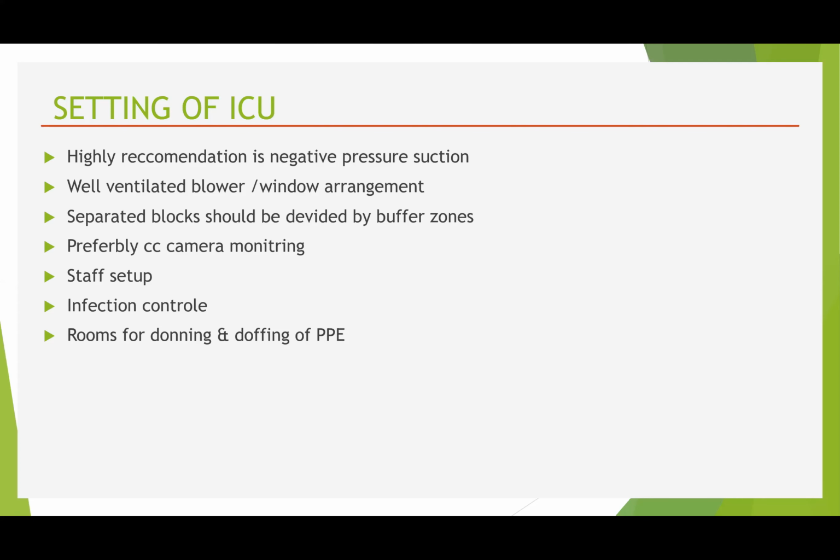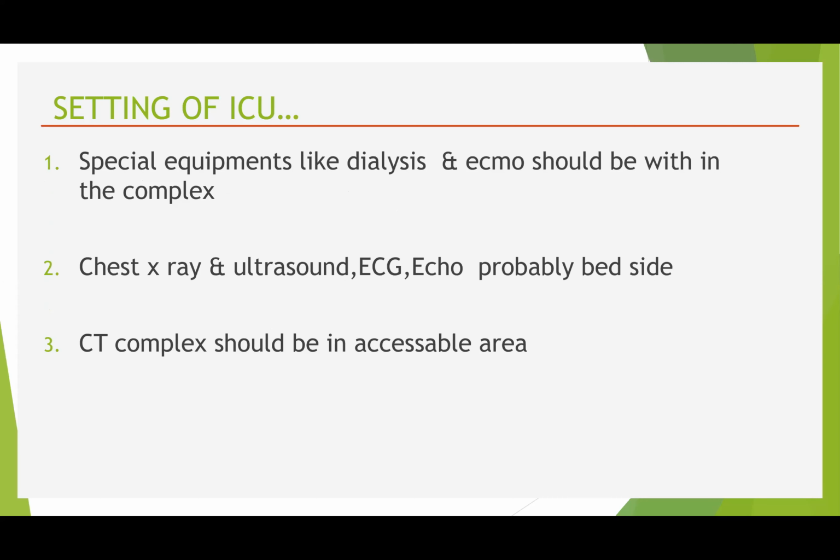All the PPEs are infected things, touching the patients, sometimes flooded with blood or secretions, and they may be infective. If you are not sparing rooms for donning and doffing, infection will spread easily to the healthcare providers. That is what is going on now, especially in government setups. That's why we have to provide special rooms for donning and doffing areas.